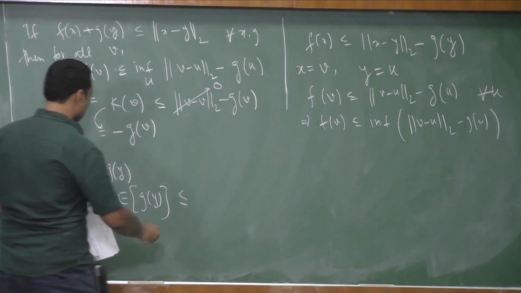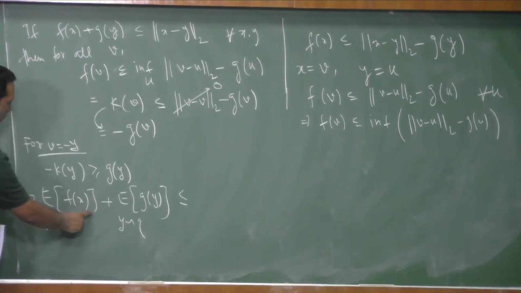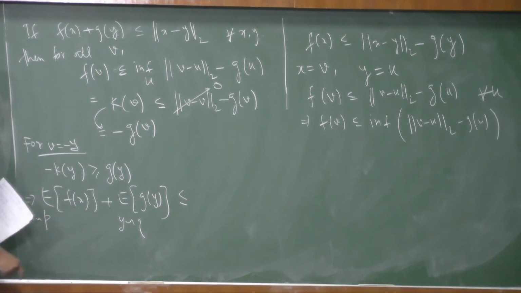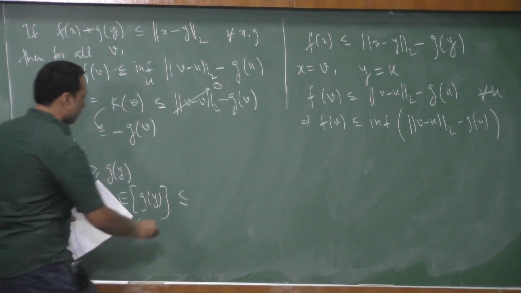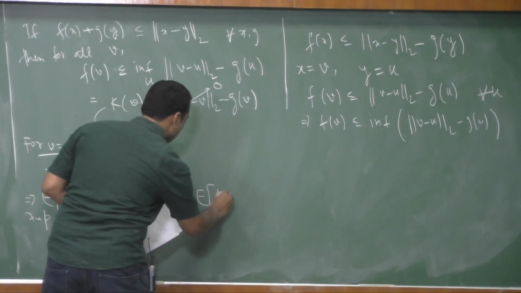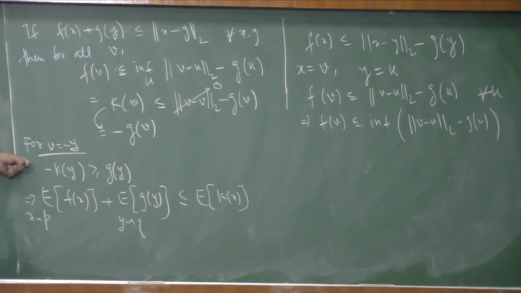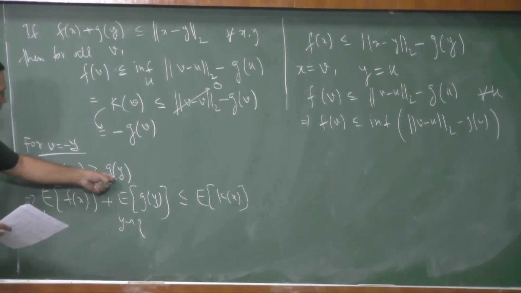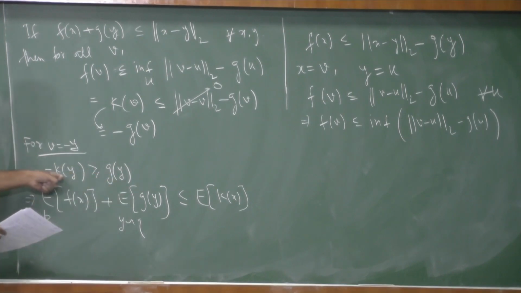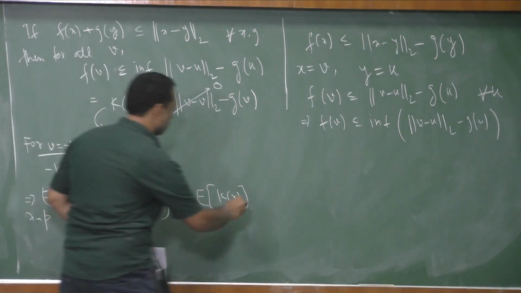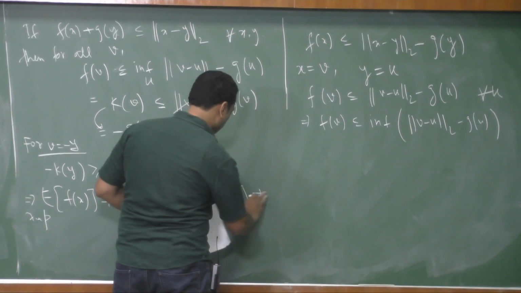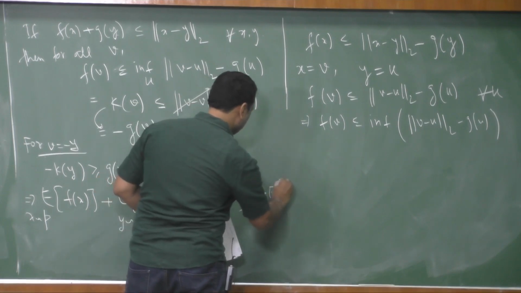So this means that fx is less than or equal to the expectation of k of x, and from here I have that gy is less than or equal to minus ky. So I can put the minus outside, right? So minus the expectation of gy.